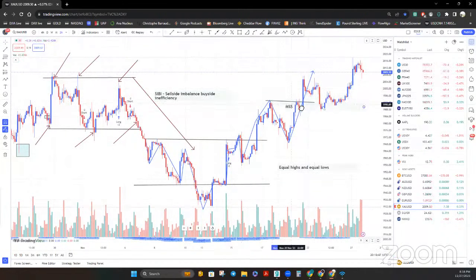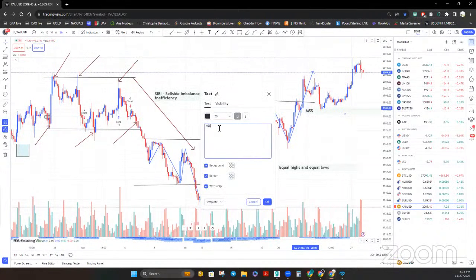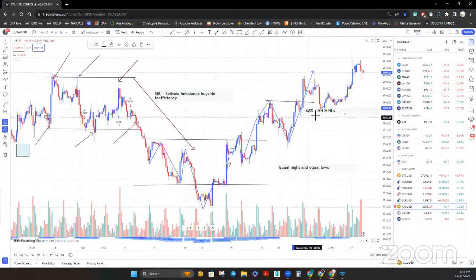The MSS happened right at this point where gold moved lower, and then we had the break, okay? And of course, even at that same point, we are seeing higher highs, and we are seeing higher lows, okay? So when you have a combination of this, that's where we are saying we can now go in for a buy, okay?